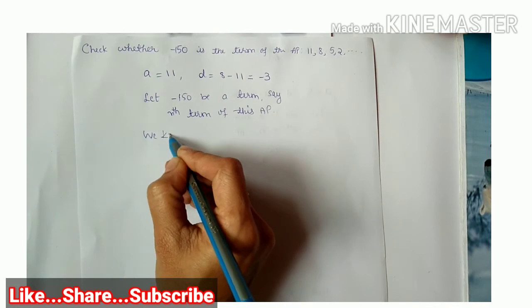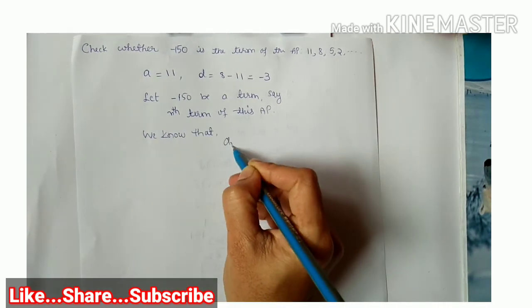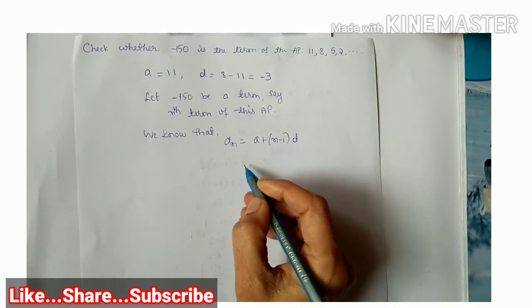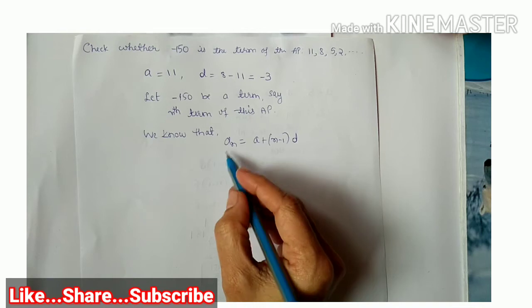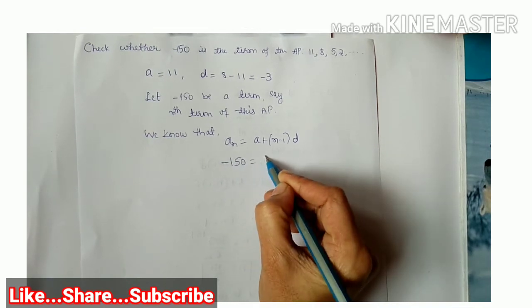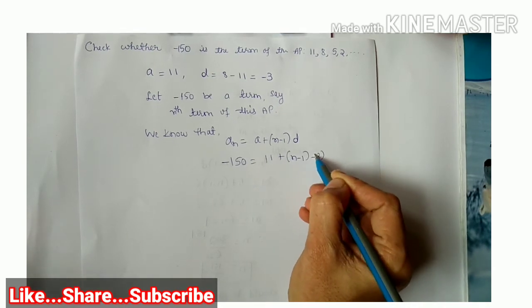Then we know that the nth term is given by an = a + (n - 1)d. We have taken an as -150, the first term a is 11, and d is -3.